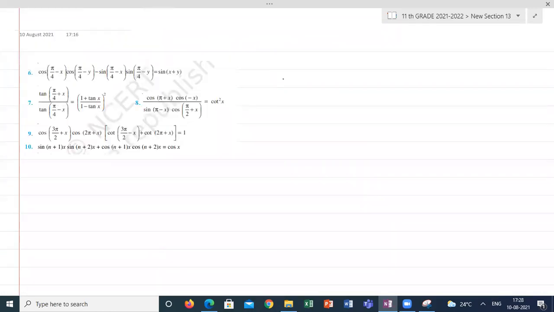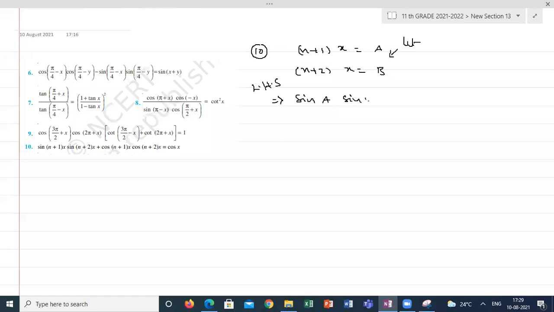Next one, question number 10. This is also simple. I am taking n plus 1 into x as a, n plus 2 into x as b. This is my assumption. Then the LHS will become sin a sin b plus cos a cos b.